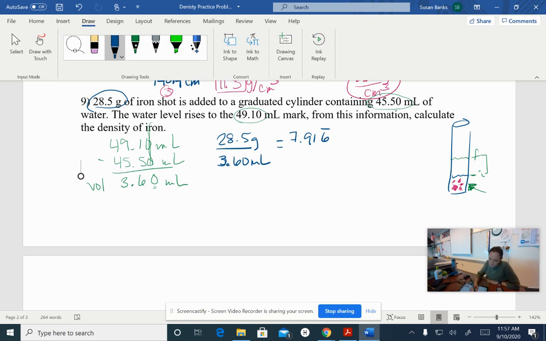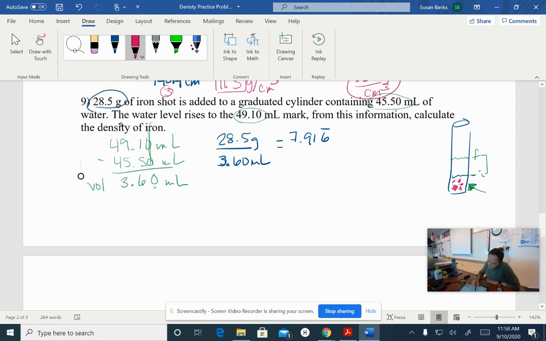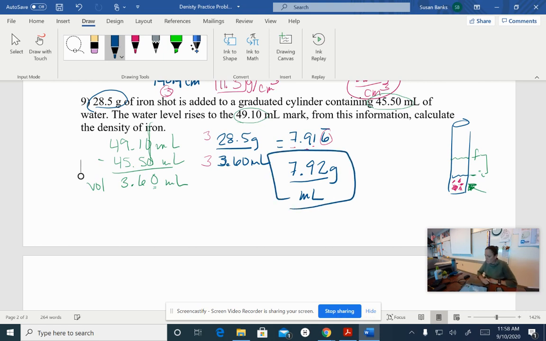So let's look at our sig figs here. I've got 3 significant figures here and 3 here. So that means I can use 3. 1, 2, 3, that 6 tells me to round up. So I am going to report this as 7.92 grams per milliliter for that iron shot as a density.